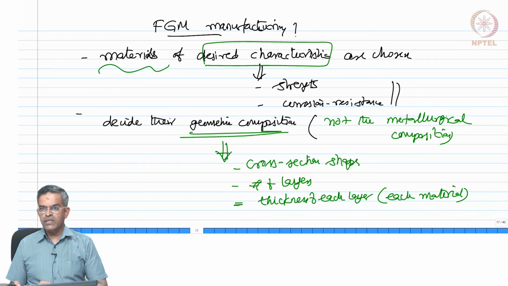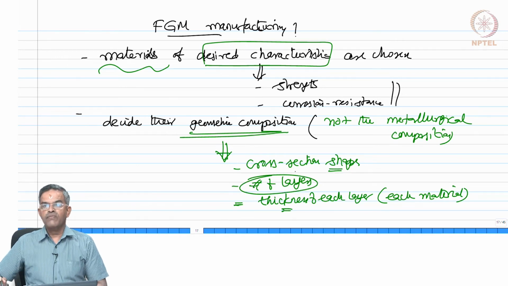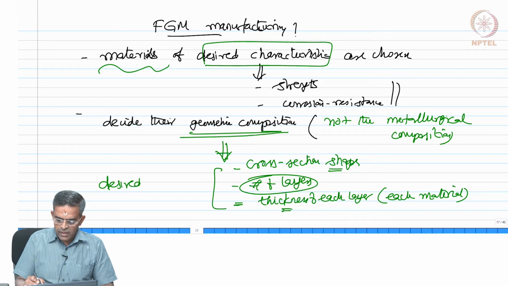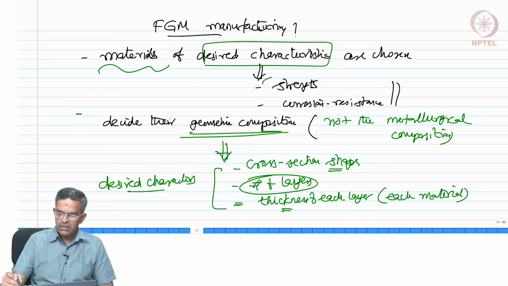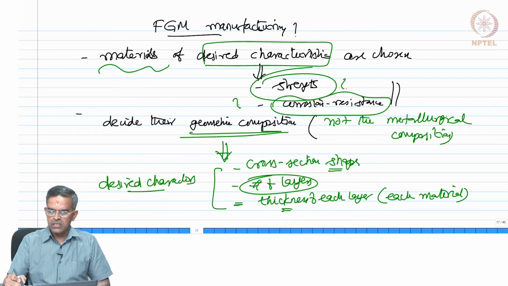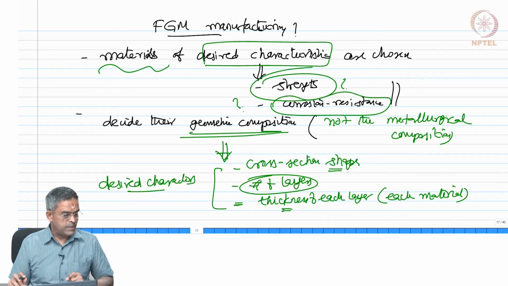So, we decide at that time what should be the cross sectional shape, thickness and number of layers to achieve the desired characteristics. What are the desired characteristics we fixed earlier? What is the requirement of strength we need and what should be the corrosion resistance we want. So, we have to prefix them and then examine them.